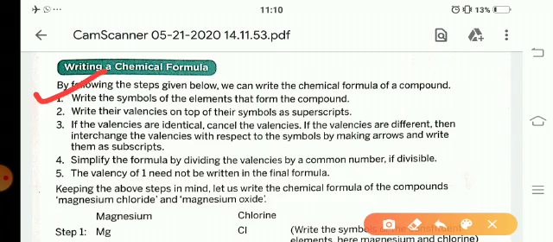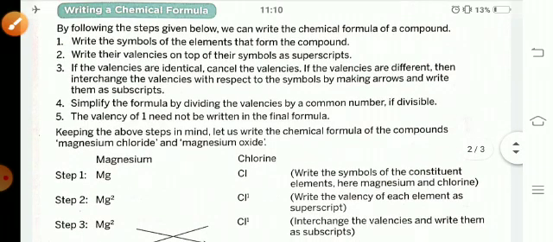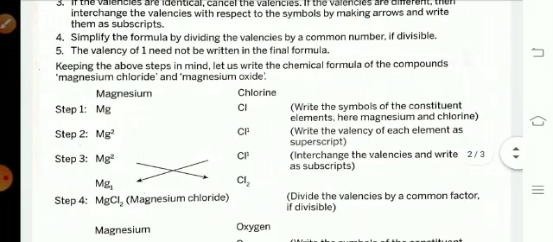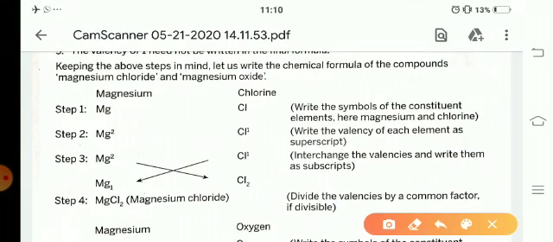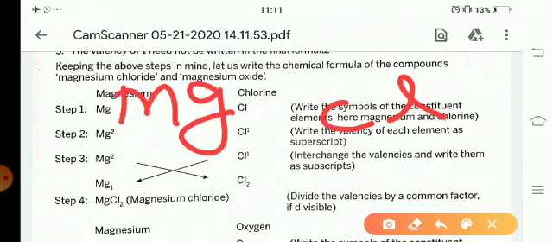Okay students, let's start writing a chemical formula. For example, we want to write the chemical formula of magnesium chloride. The valency of magnesium is 2 and the valency of chlorine is 1.